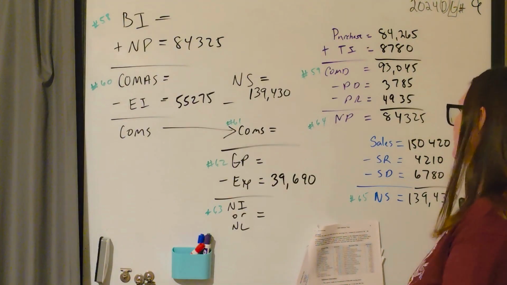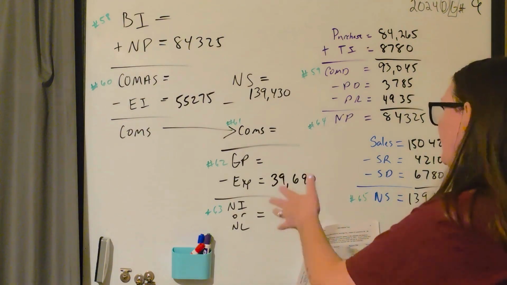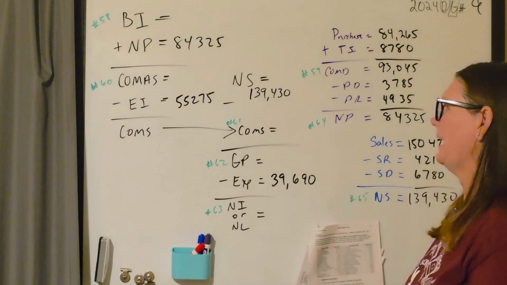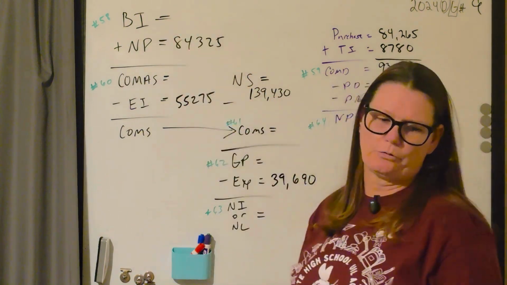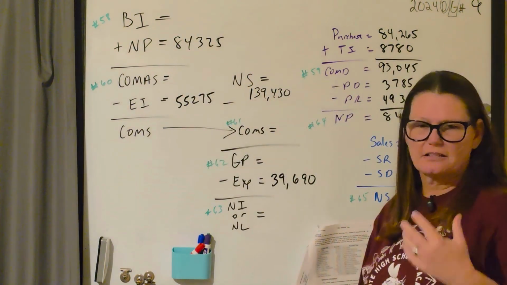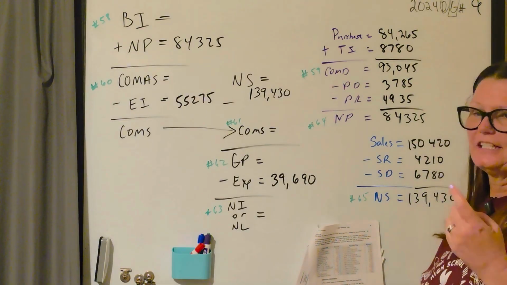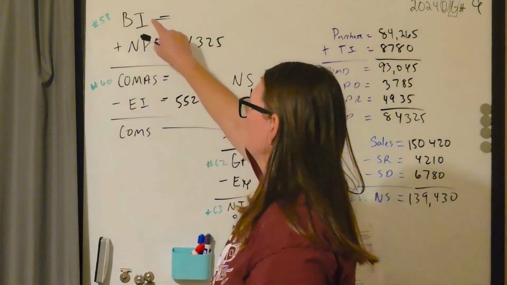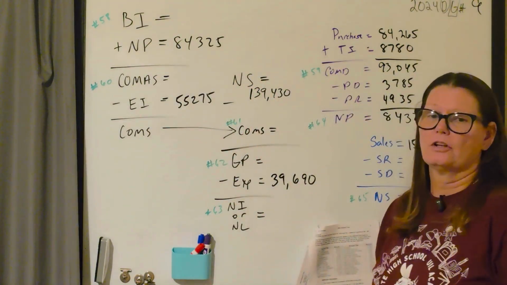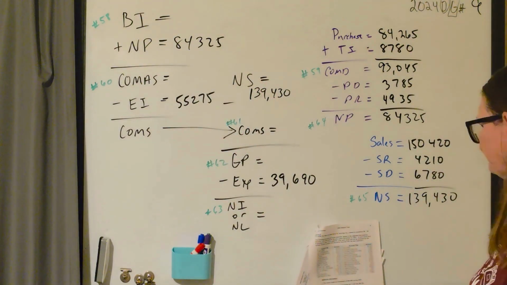Now, we're stuck, right? You're like, we can't do anything. Well, let me show you. We can calculate beginning inventory. In a previous lesson, we learned that when we adjust merchandise inventory, the difference between these two amounts goes into income summary.